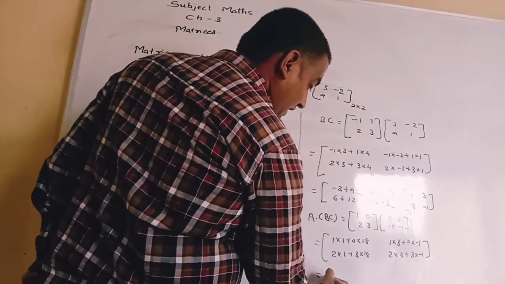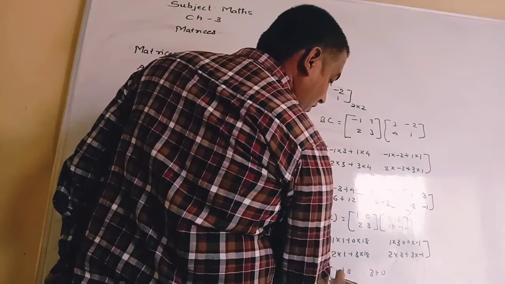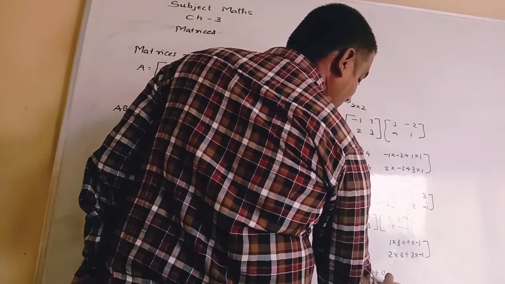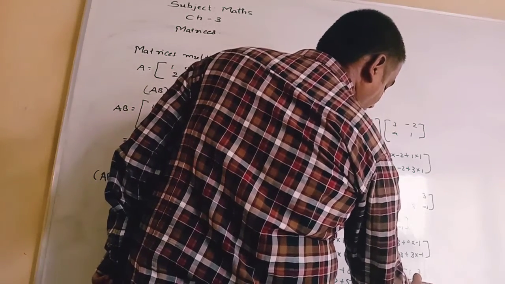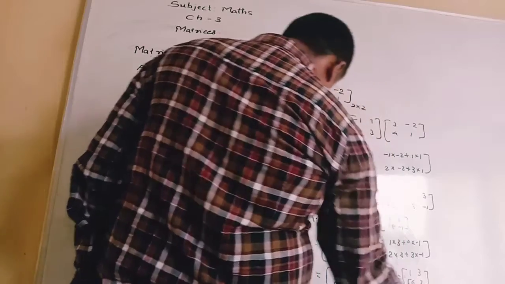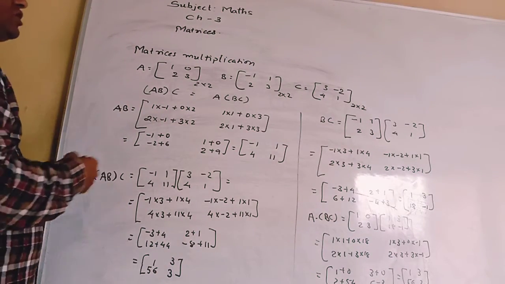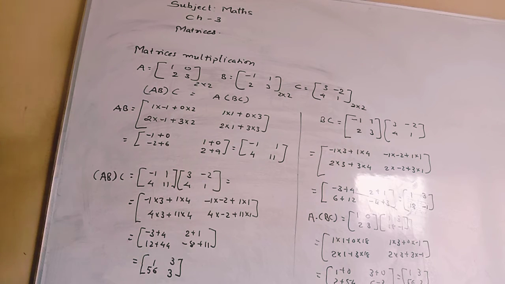So we can see that it is 1 plus 0, 3 plus 0, 2 plus 54 and 6 minus 3. We simplify them: 1, 3, 56 and 3. So we can say that matrix multiplication is associative. It's AB into C equals A into BC.